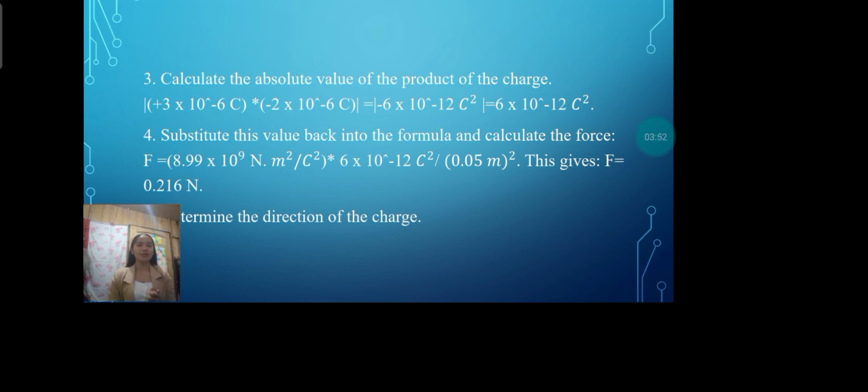The fourth step is to substitute this value back into the formula and calculate the force. F equals 8.99 times 10 to the power of 9 newton meter squared per coulomb squared, times 6 times 10 to the negative 12 C squared, over 0.05 meters squared. This gives F equals 0.216 newtons. And the last step is to determine the direction of the force.